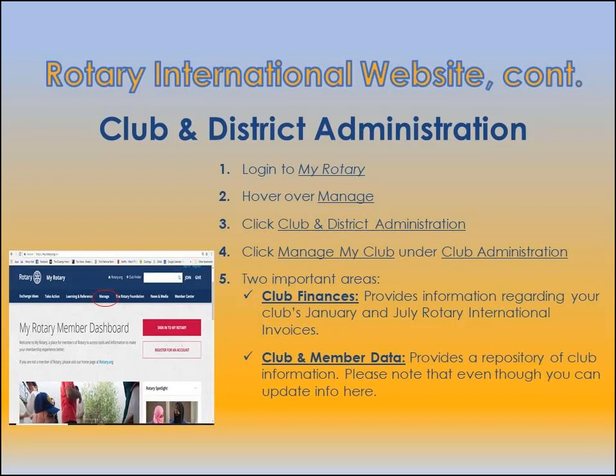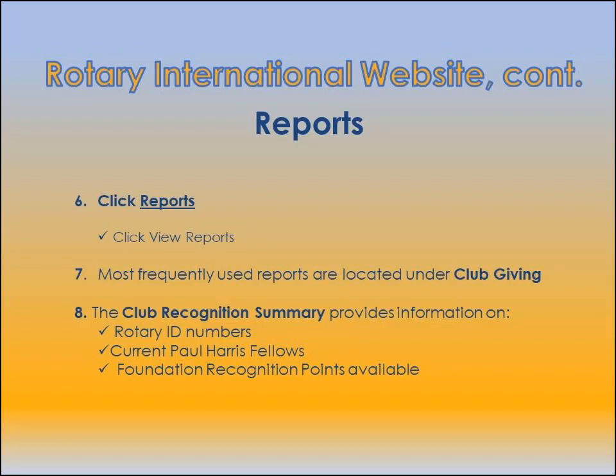Let's explore the Club Administration area by clicking Manage My Club. Here, you can view your club's Rotary International invoices that must be remitted no later than January 31st and July 31st. Now let's explore the Reports area by clicking View Reports.